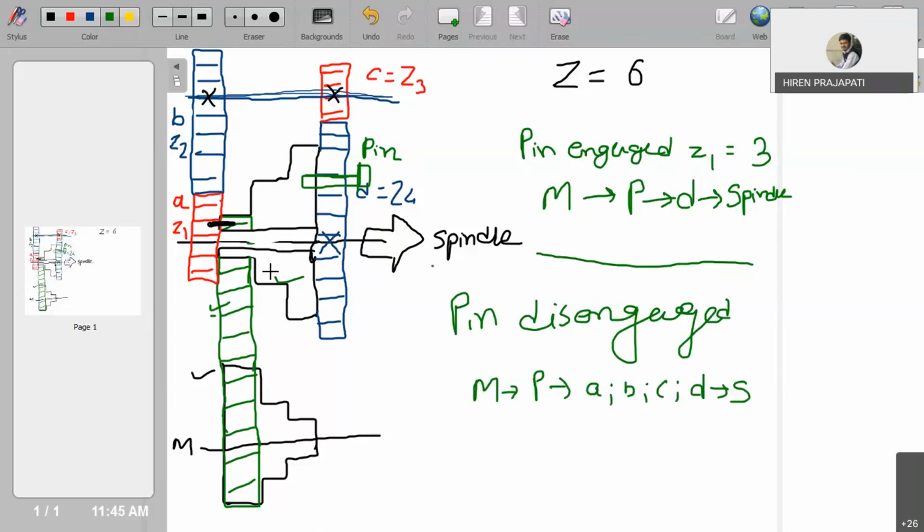So again, for three different positions of the belt, we get three different speeds, so in that way, we get a total of 6 speeds, right?